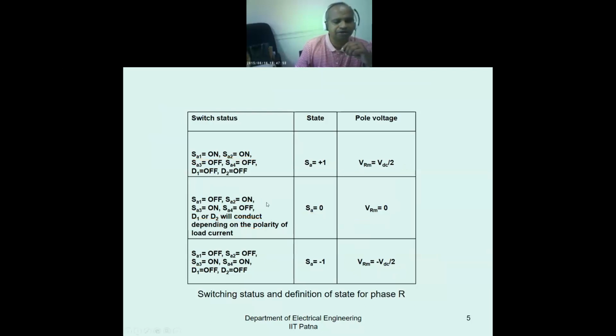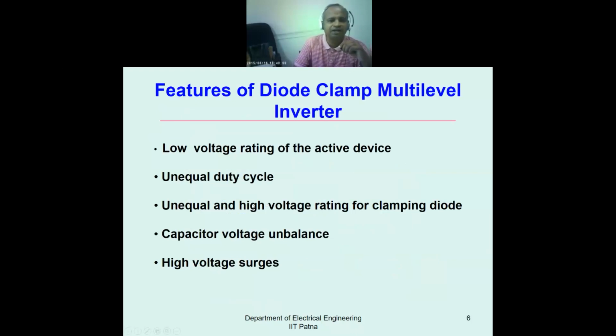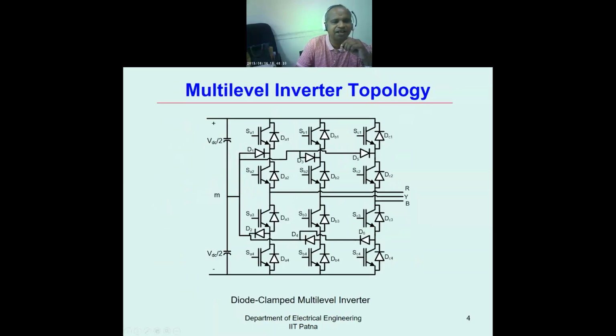So what is the diode clamp thing? It has low voltage rating of active device, but unequal duty, unequal high voltage, and capacitor voltage unbalance is another problem. That means, for example, you charge these two capacitors in series, and this may charge to VDC by 10 and this to VDC by 2.